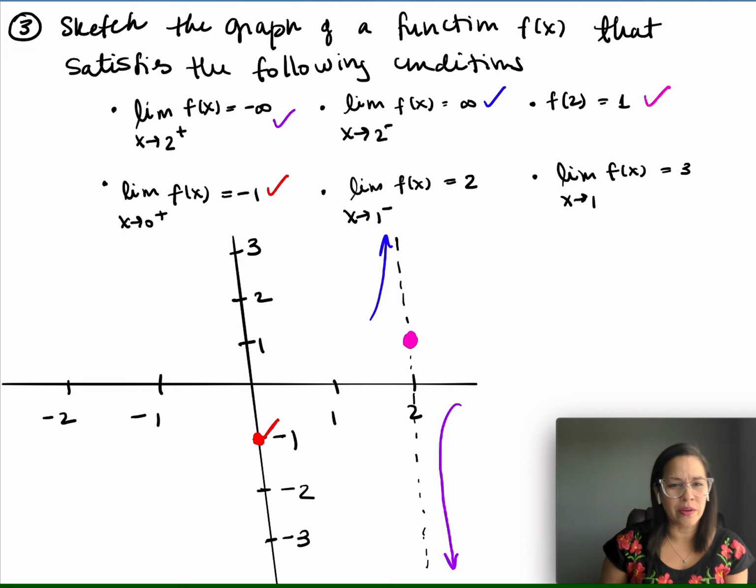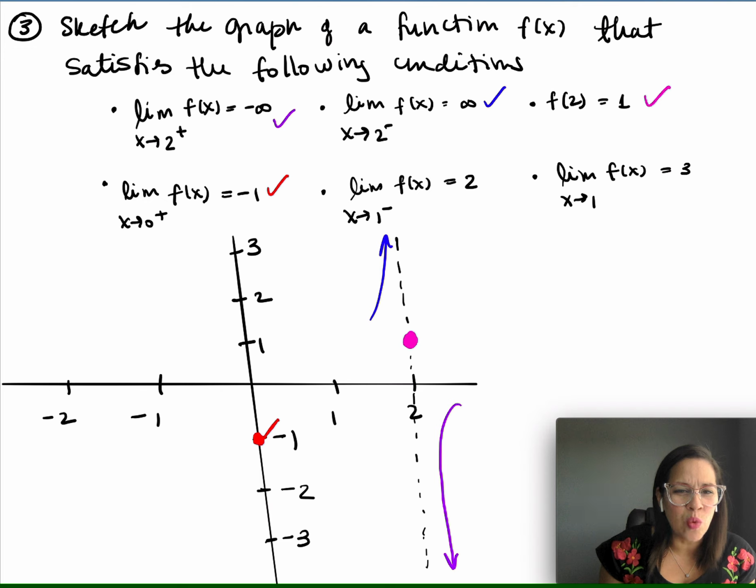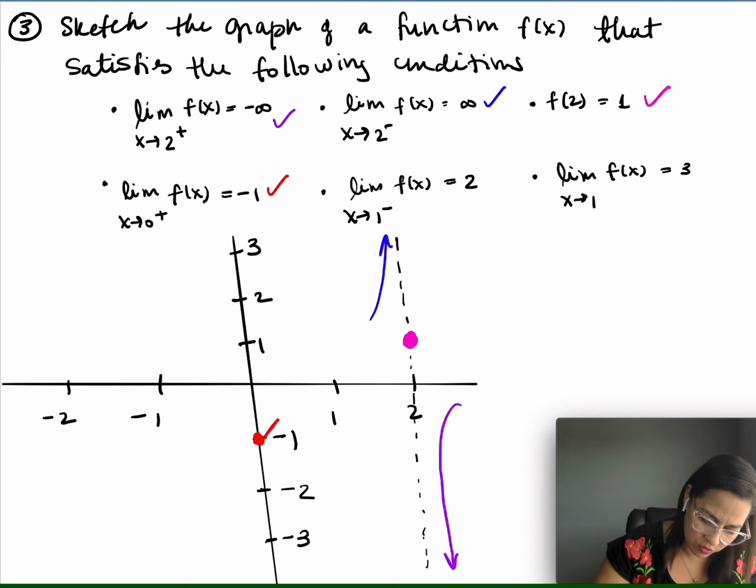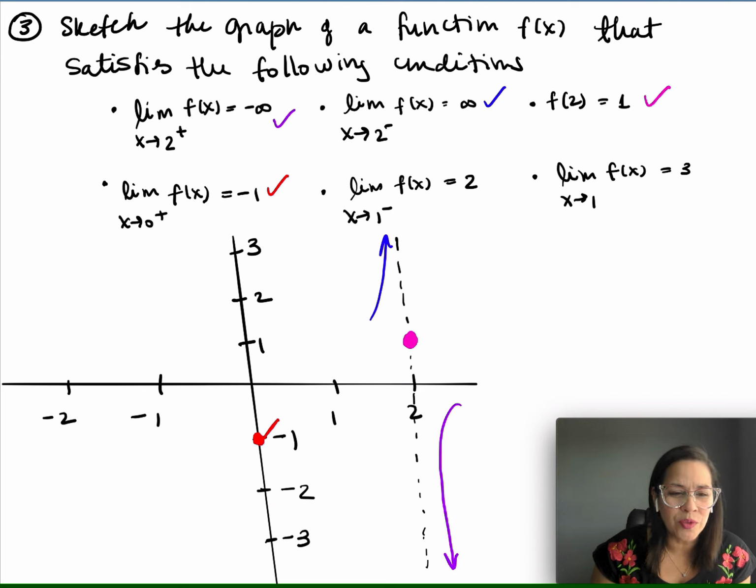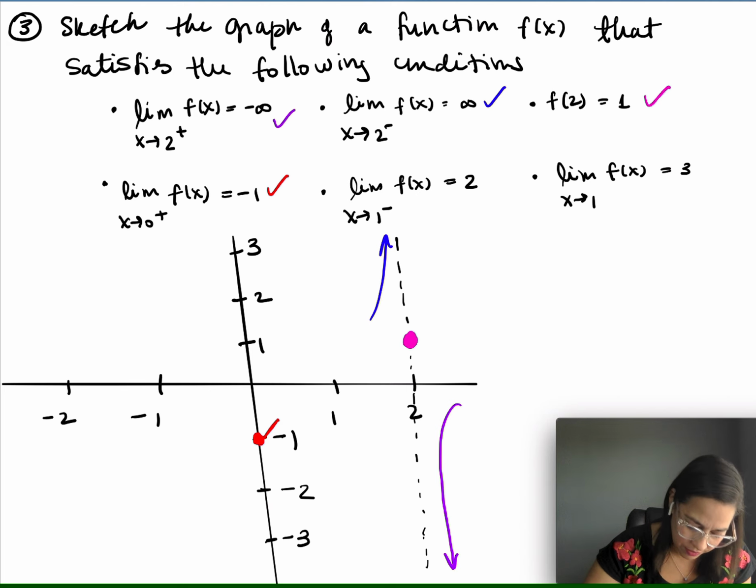Okay. What else? The limit as x goes to 1 from the left is equal to 2. Okay, no problem. So let me make it like this so that I know that it comes from the left.